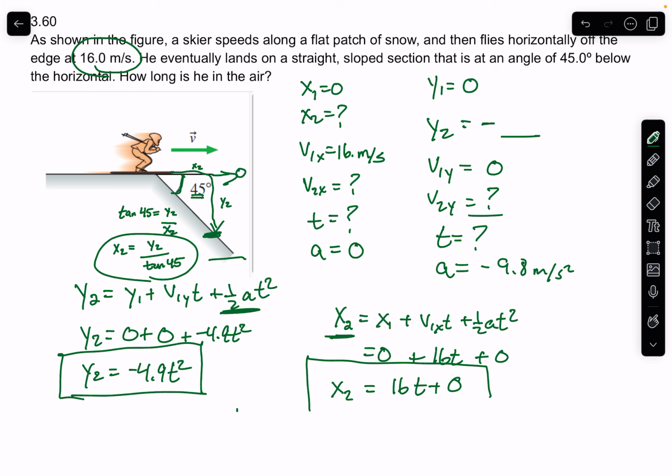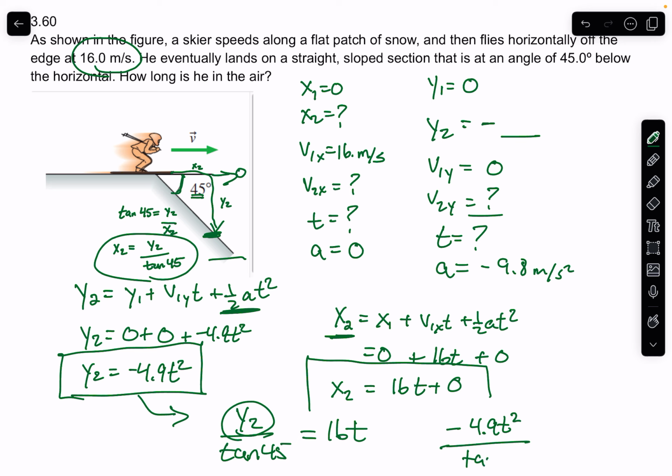I can say y2 over tan 45 equals 16t. But what is y2? I know that from here. So I can say negative 4.9t squared over tan 45 equals 16t. And I do believe I've got a sign issue here.